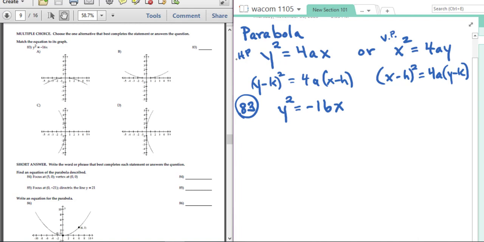Y squared is going to be the horizontal parabola. So that's your first thing that you want to think of. This is a horizontal parabola, right? Then you want to know which direction does it open, and the sign on the piece with the x will determine that since it's horizontal, and it is negative, so it is going to open left.